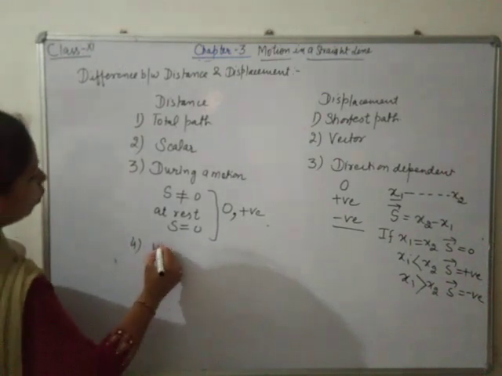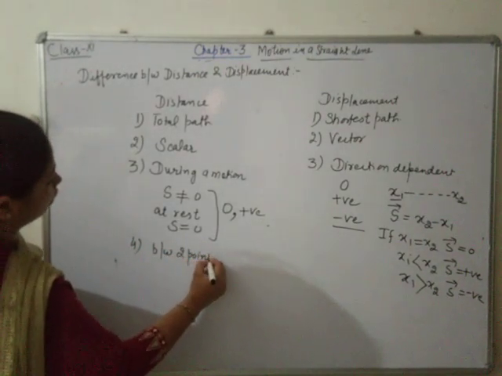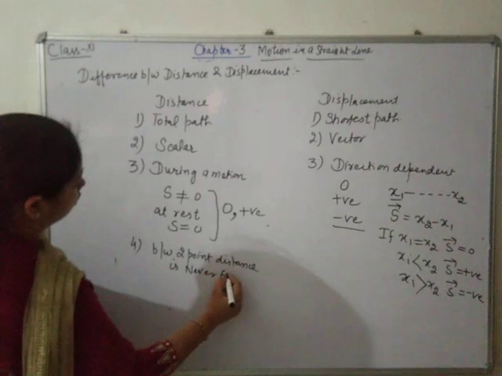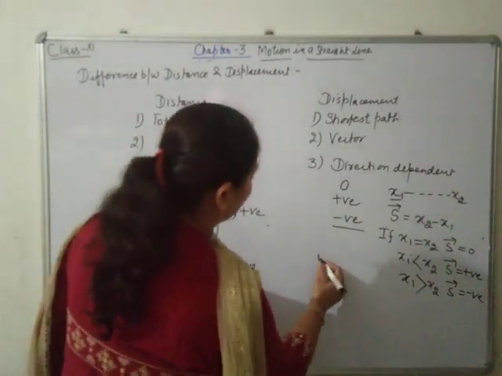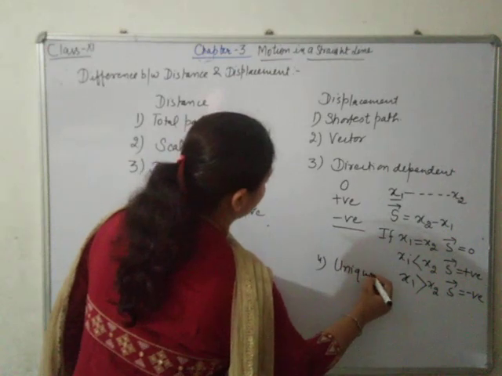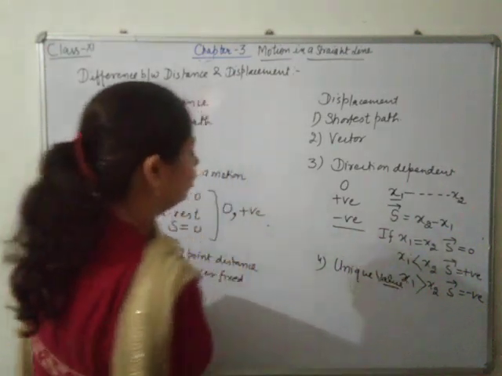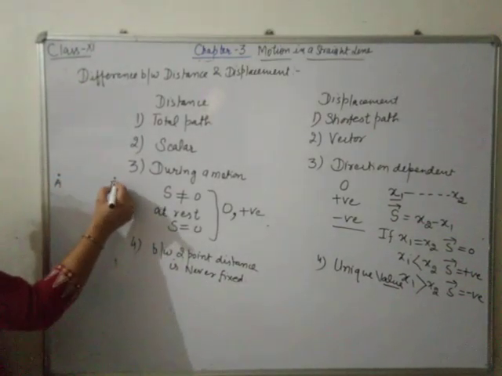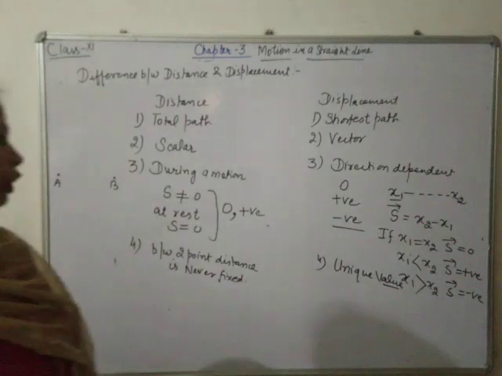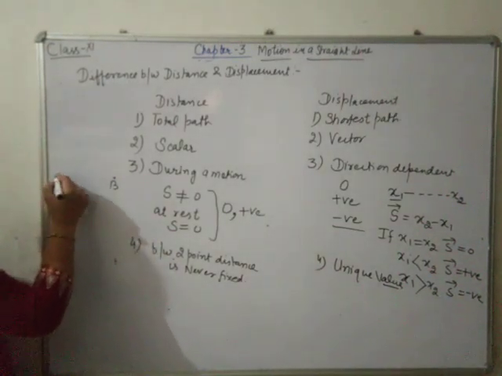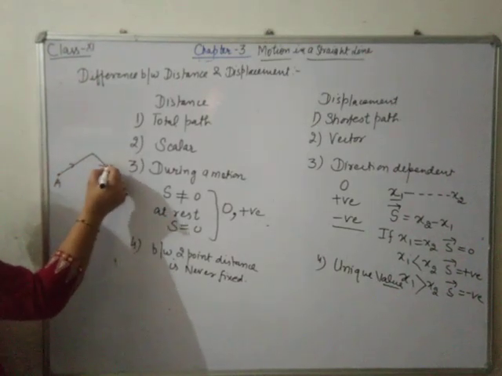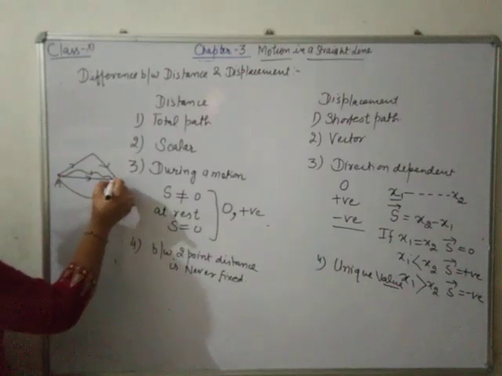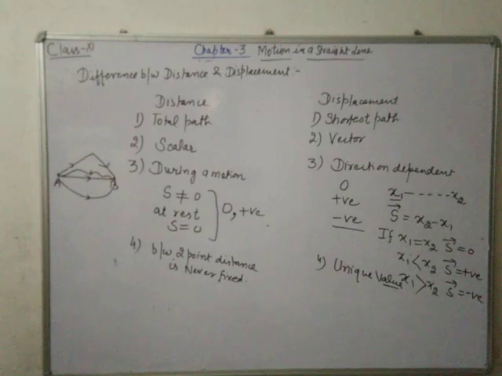Fourth, between two points, distance is never fixed, but between any two points, displacement is always a unique value. How can you make it clear? Let us consider two points, A to B. A person in motion can reach from A to B through any path, a straight line or circular path, any one path he can opt.